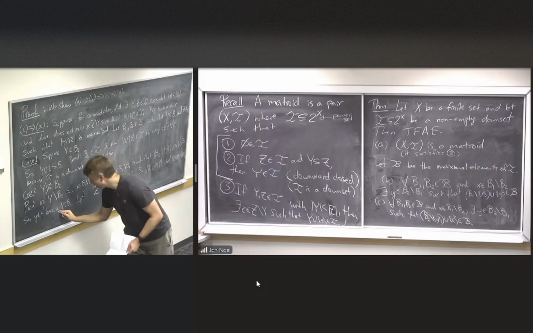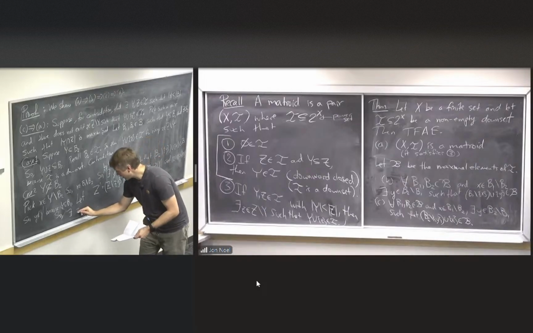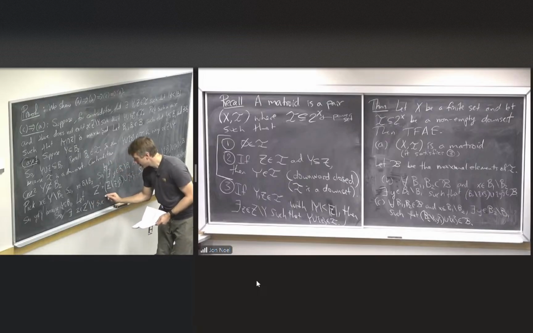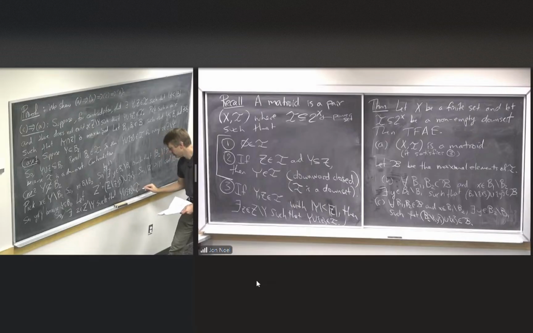So there exists a little z in z prime take away y such that y union z is in I. And the reason for that is because this intersection is bigger than the original one. So the pair y, z prime cannot be a counterexample to the Matroid property because we picked the one with the biggest intersection.